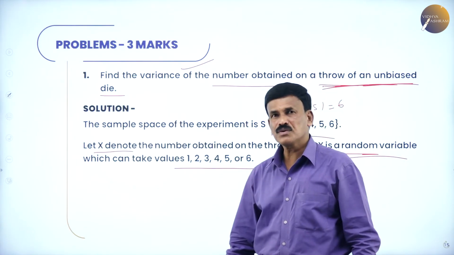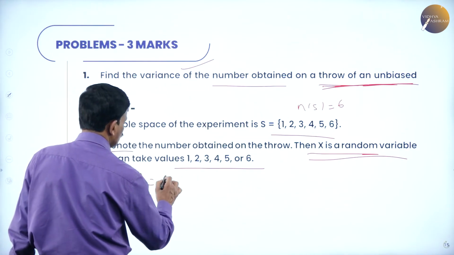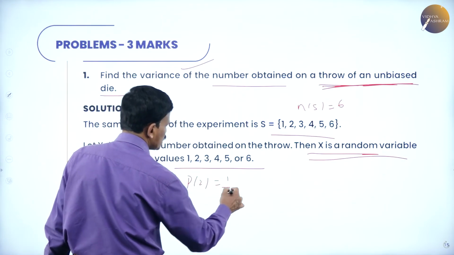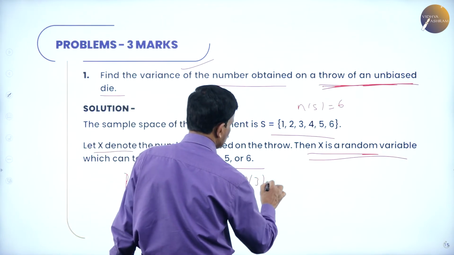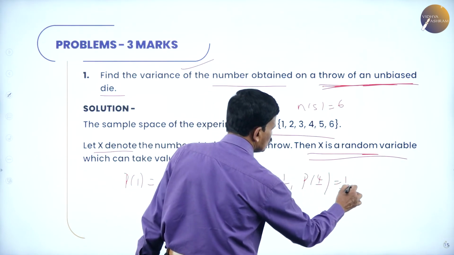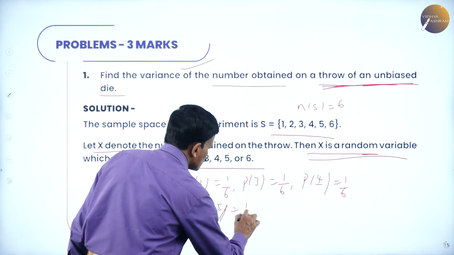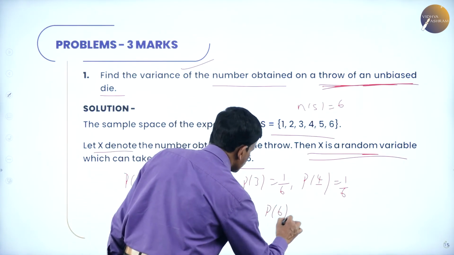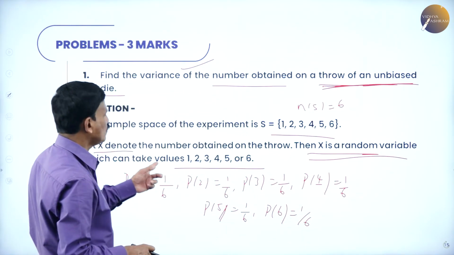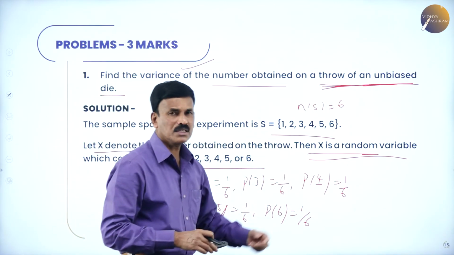Now, what is the probability? P of 1 is equal to 1 by 6, p of 2 is equal to 1 by 6, similarly p of 3 is also equal to 1 by 6, p of 4 is also equal to 1 by 6, p of 5 is equal to 1 by 6, and p of 6 is also equal to 1 by 6, because here x can take the values from 1 to 6 and the sample space of the experiment contains 1 to 6.